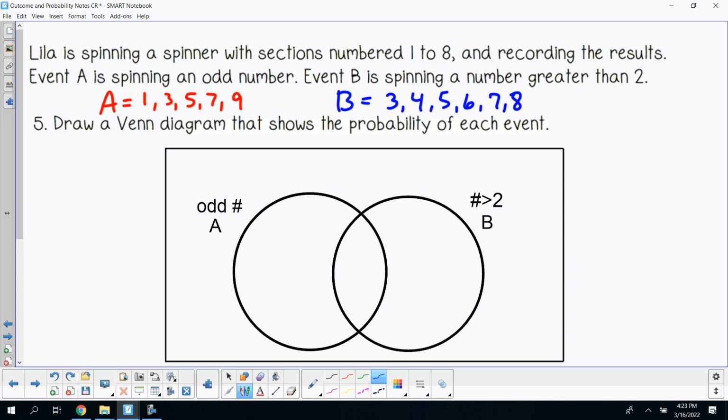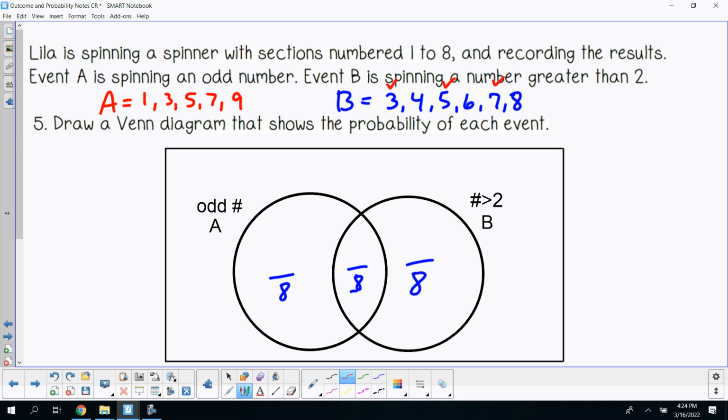Okay, so for odd numbers, we have 1, 3, 5, 7, and 9. But for our probability of rolling a number that is greater than 2, we have to include in the odd numbers 3, 5, and 7.